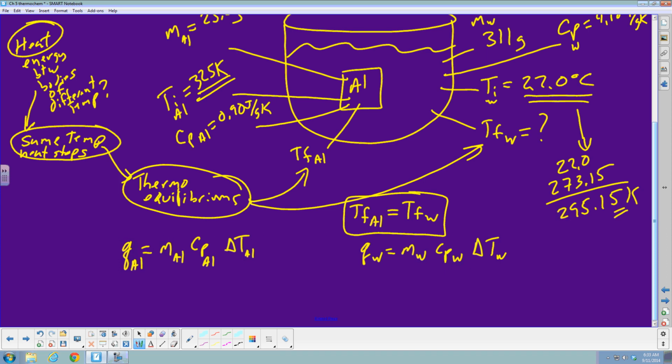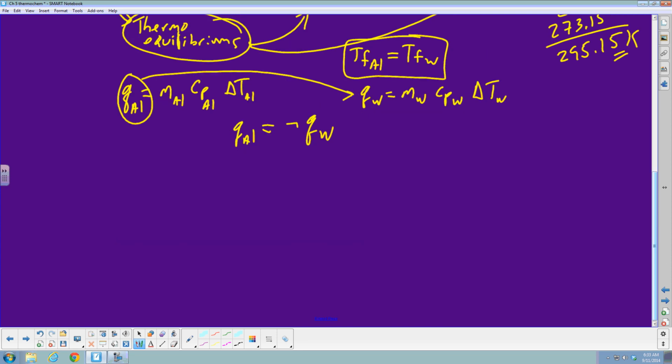We know that all the heat lost by the aluminum has to end up going into the water. So that means Q aluminum is equal to negative Q water. Okay, so it looks like we have another equation. Here we go. Let's work it. So let's set these equal to each other. That means M aluminum, C sub P aluminum, delta T aluminum equals negative, parenthesis, mass water, C sub P water, delta T water.